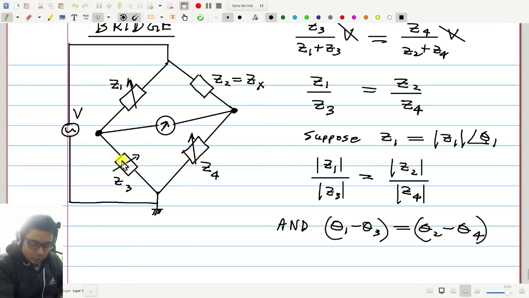This has a real part and an imaginary part, this has a real part, imaginary part, this has a real and imaginary part, and therefore you actually have 3 multiplied by 2, 6 variables, and you may have to change all those variables. So you have more variables compared to a Wheatstone bridge.